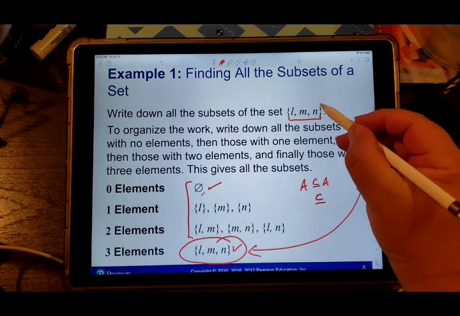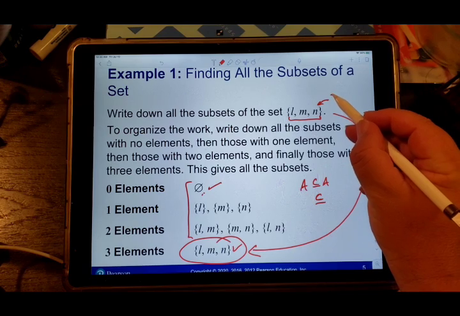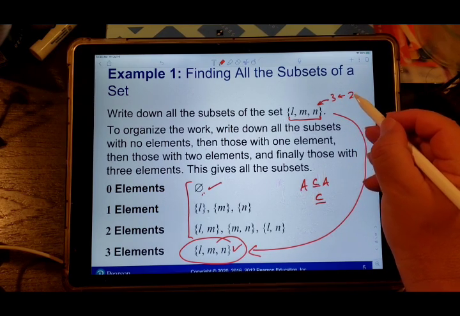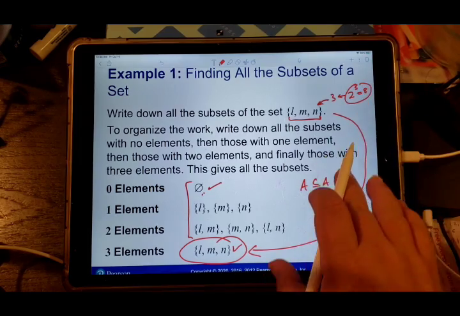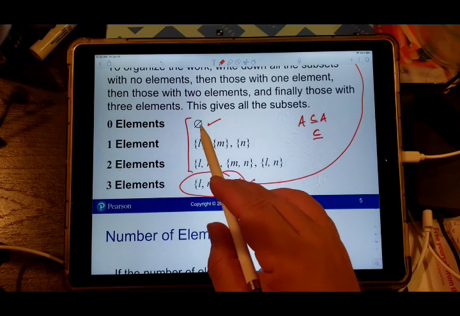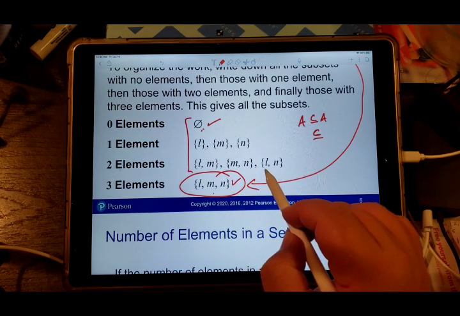The number of elements in this set is 3. And that means the number of subsets is 2 to the 3, or 8. So do you see the 8 subsets, including the set itself, 1, the empty set, 2, plus 3 more, plus 3 more, 8.